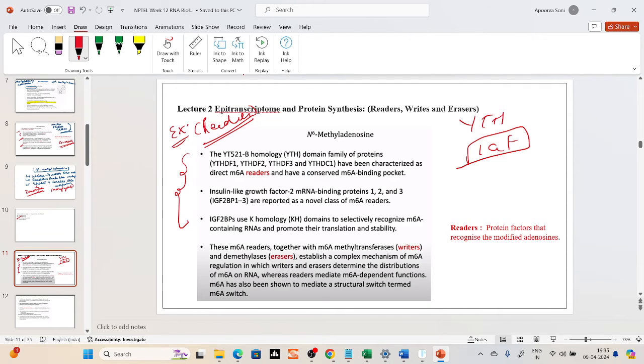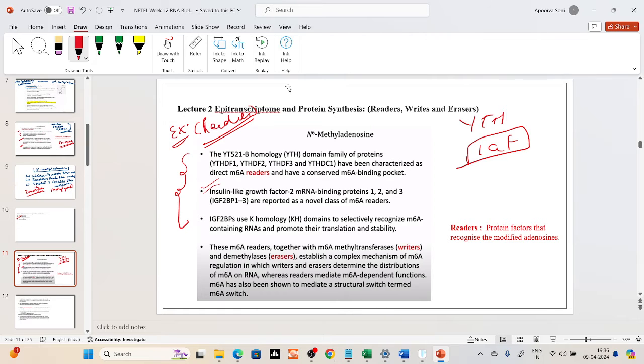In biology, in the cell, one protein can have more than one function. One would be its primary function, and the other would be its secondary function, which it shows at certain stages or in certain conditions. A very good example is right here, the insulin growth factor binding protein. It has a different function, but it can also act as a reader in some cases in a context dependent manner.